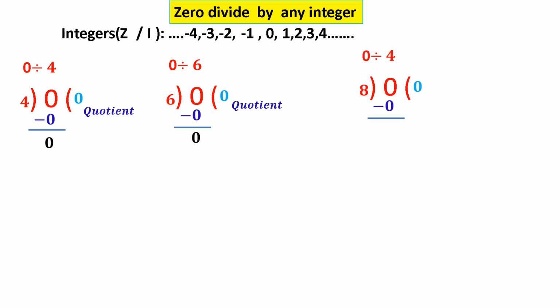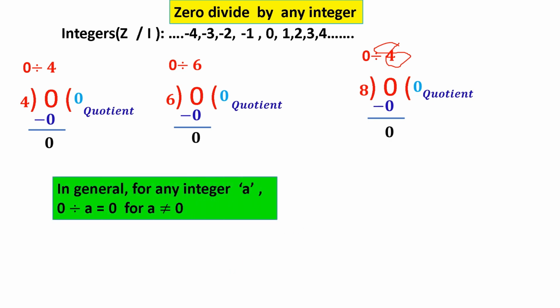We take 8. So 0 divided by 8. The quotient is 0. Now, in general, for any integer a, 0 divided by a is equal to 0 for a not equal to 0.